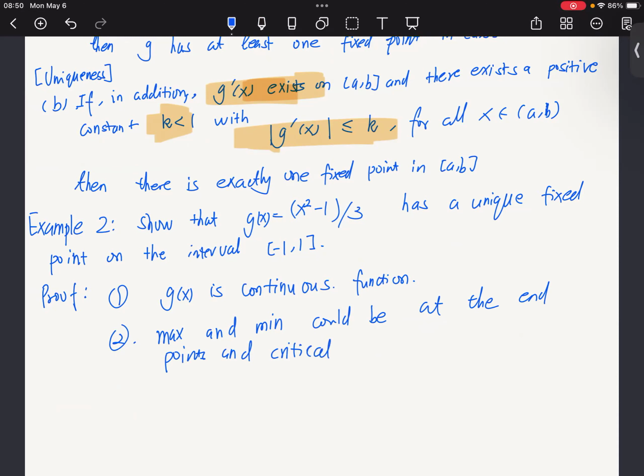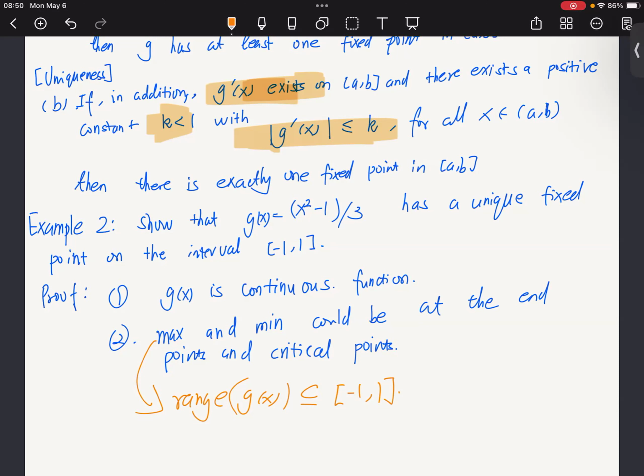So we need to find the maximum and the minimum, and next time we are going to use them to find the range of g(x) on the interval (a, b).